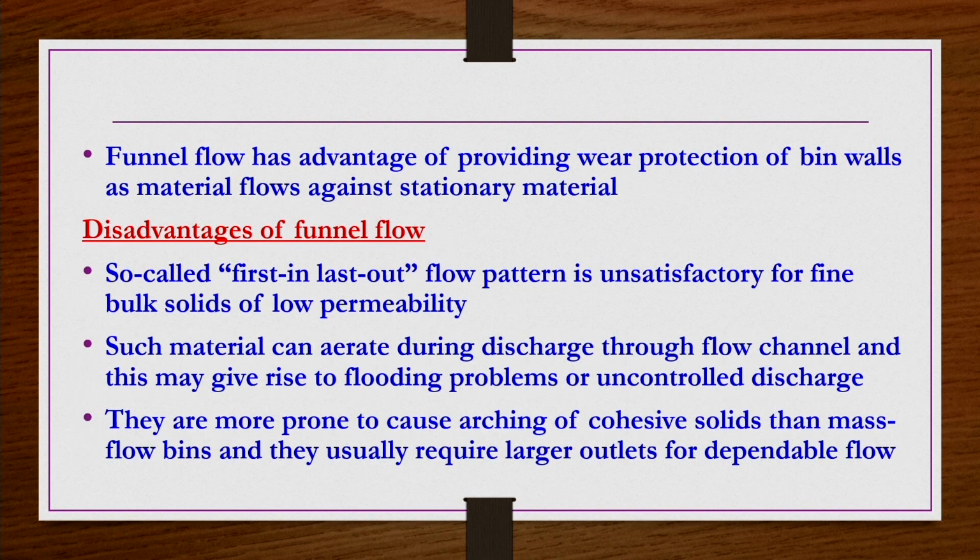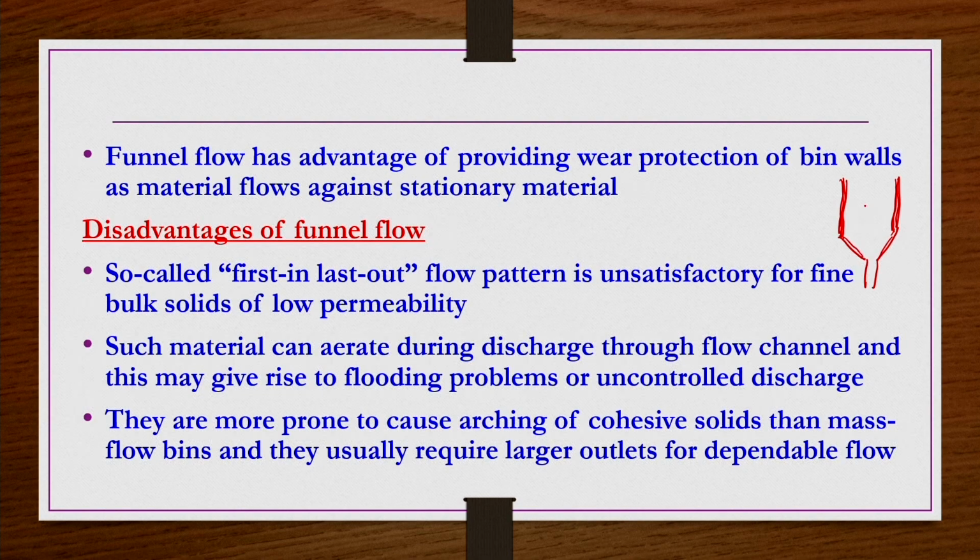Then, they are more prone to cause arching of cohesive solids than mass flow bins, and they usually require larger outlets for dependable flow. As I mentioned, if the bin is designed in such a way that funnel flow develops, the flow itself is not reliable or good.